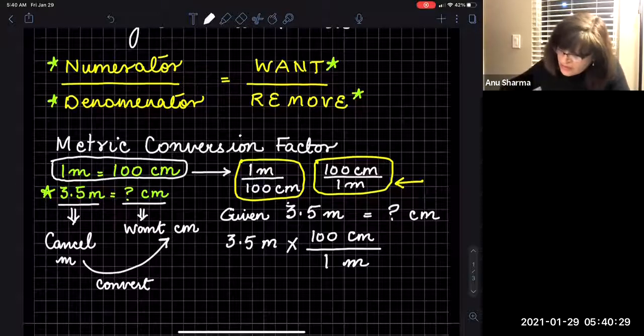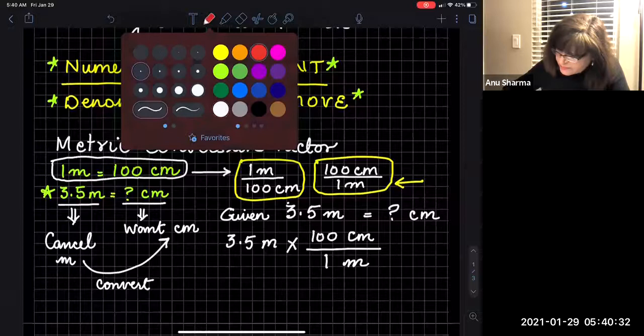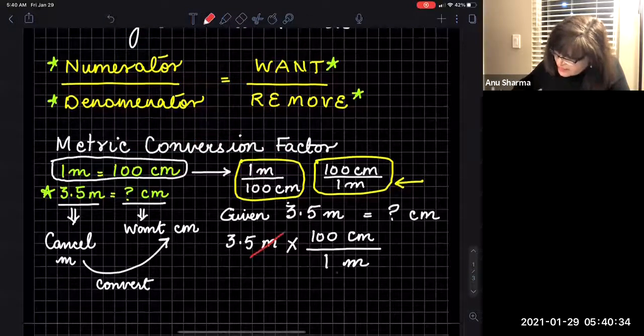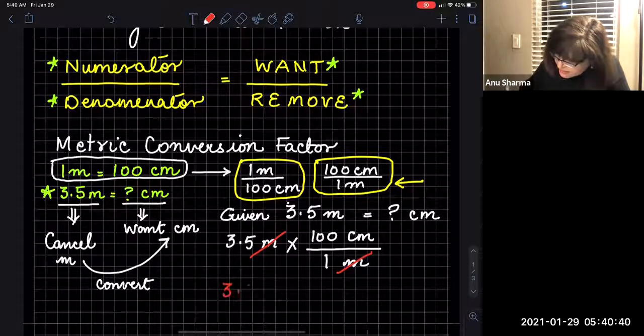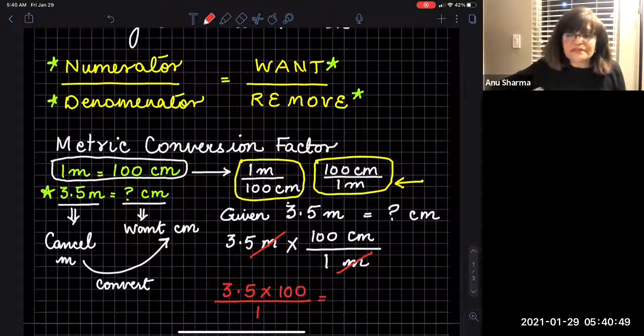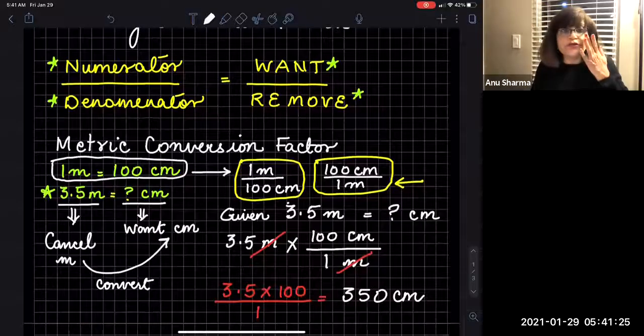Now meters and meters cancel out and you're only left with the unit of centimeters. So now we have 3.5 times 100 divided by 1. What do you get here? When you do this math, 3.5 times 100, you get 350 centimeters.